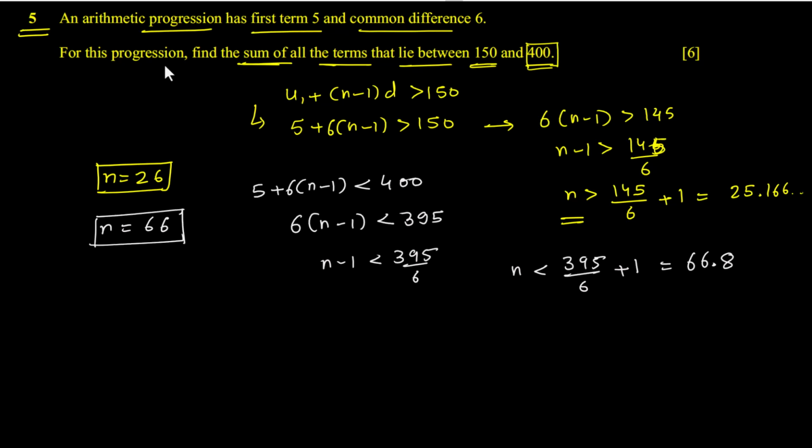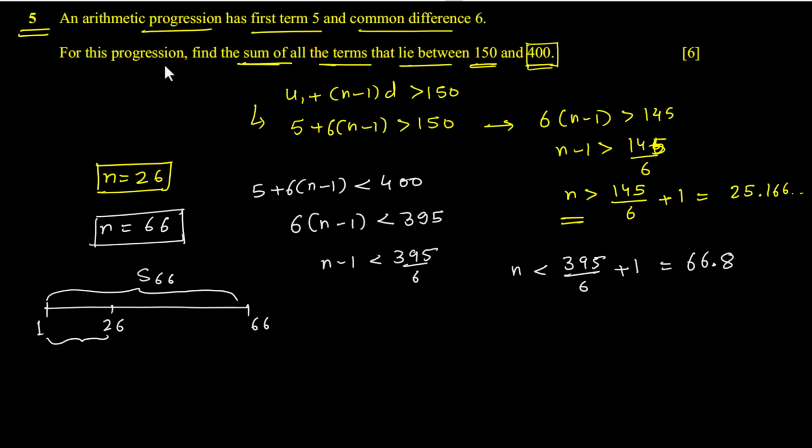And then we need to find the sum. If we calculate the sum of the terms between them, technically we see the first term and the 66th term here, and somewhere in between the 26th term is coming.